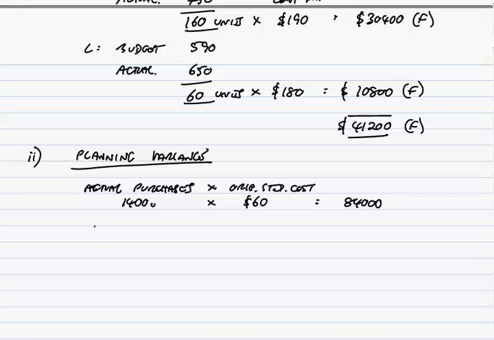You compare it with the revised standard cost. So again, for the 1400 we actually bought, it turns out, realistically, we should have paid 85 a unit.